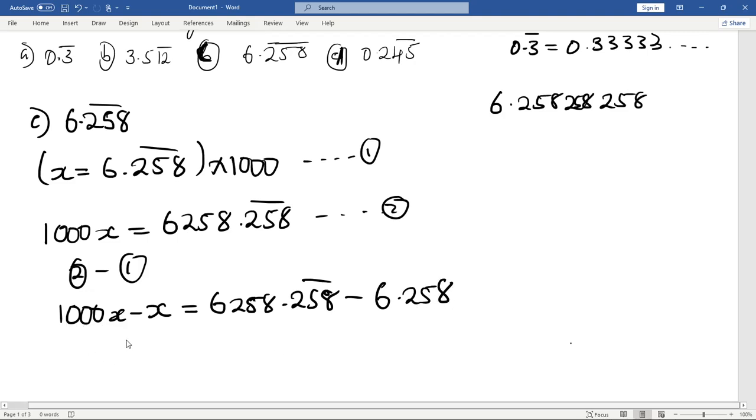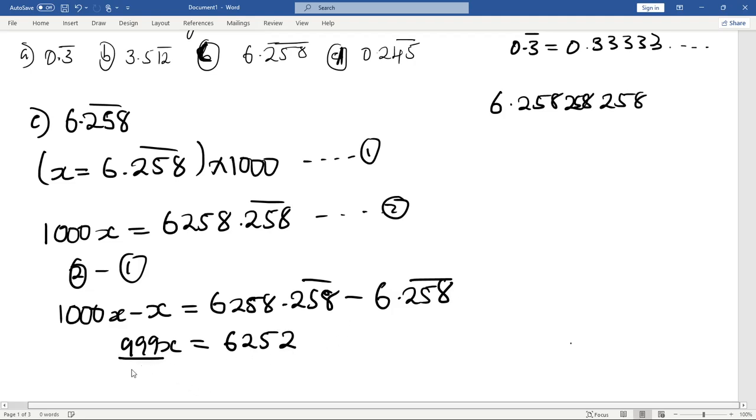So we simply get 999x being equal to 6,252, because 8 minus 6 simply gives a 2 here.